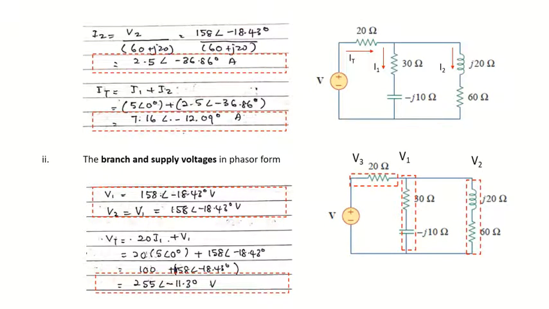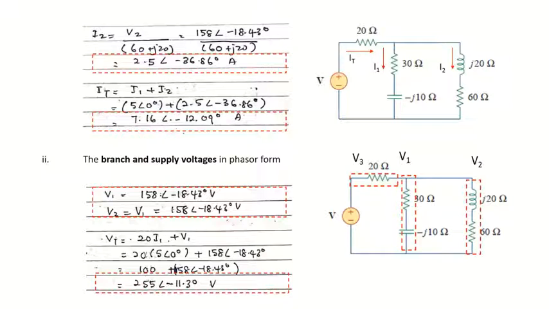The next branch current is I2. So I2 is V2 divided by 60 plus j20.